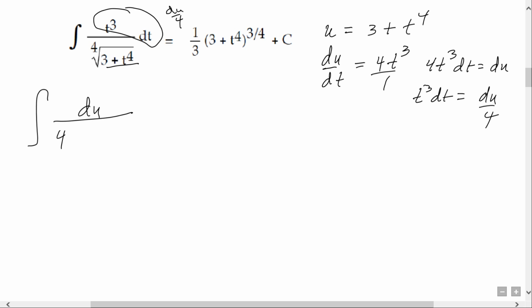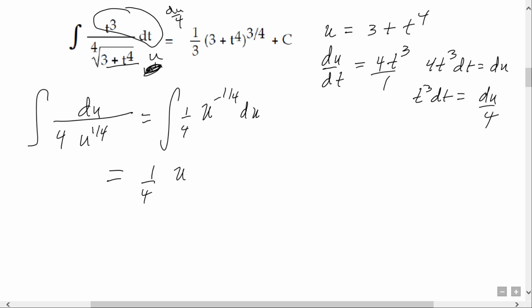3 plus t to the fourth is u, and so we get u to the 1/4 power, which we rewrite as 1/4 u to the minus 1/4 du. The antiderivative would be 1/4 u to the 3/4 divided by 3/4.